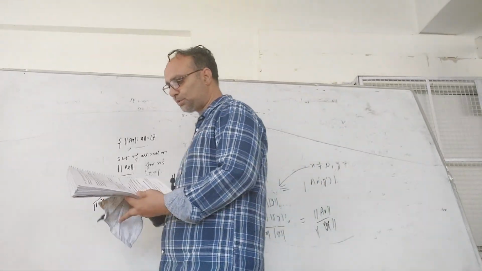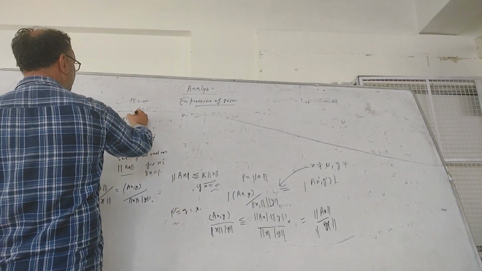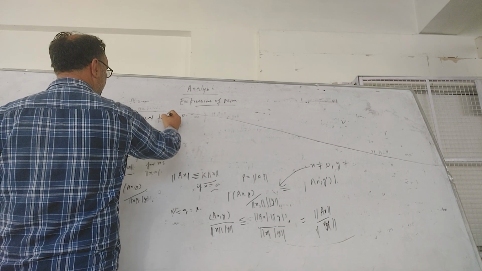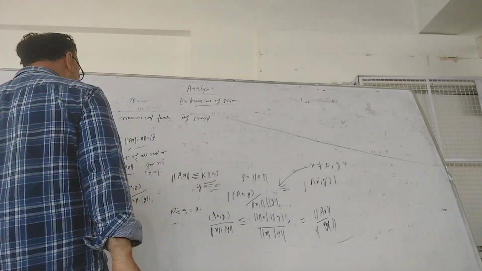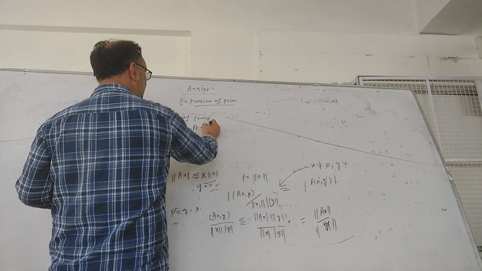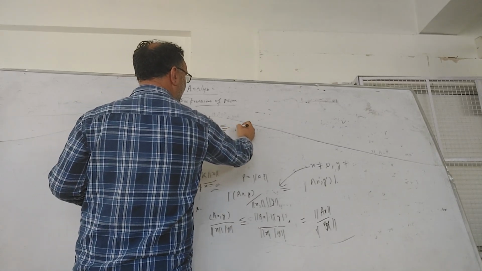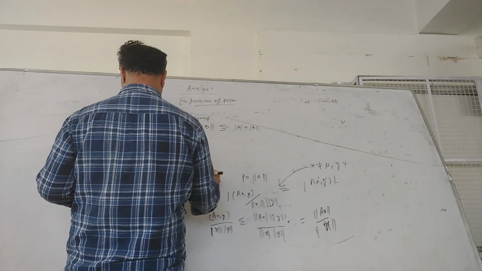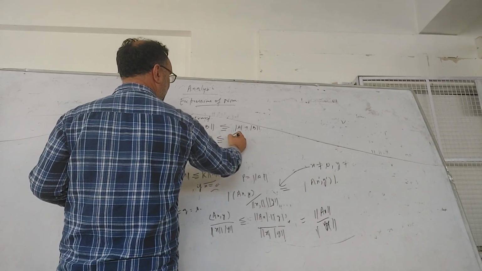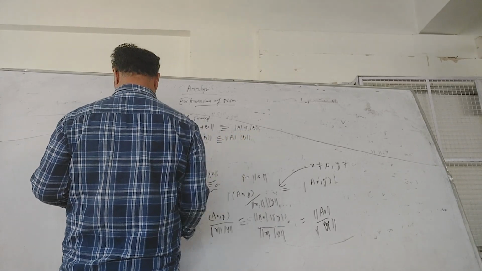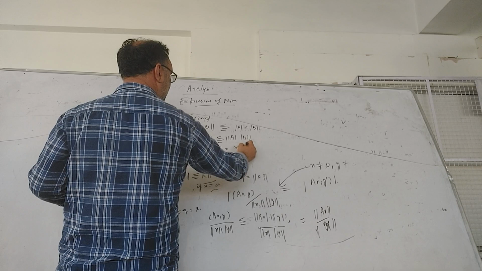So you can extend those properties here also, that if the numerical function of transformations satisfies the four conditions such that mod of A plus B is less than or equivalent to mod of A plus mod of B, mod of A of B can be less than or equivalent to mod of A mod of B. If you have a scalar, you can just get the scalar out of this thing.